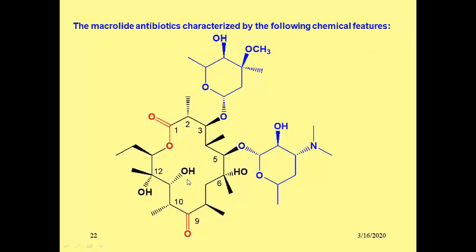Characteristic of the structure: macro, a large ring, 12, 13, or 14 membered ring as a lactone, so macrolides contain a lactone and two sugars: cladinose sugar at C3, and amino sugar, desosamine, at C5.